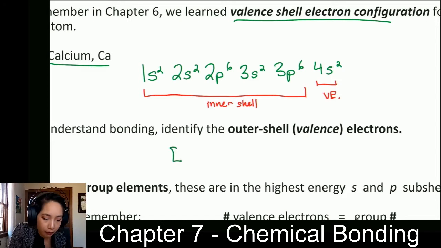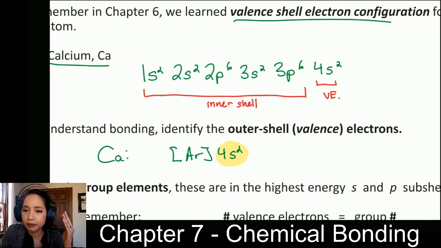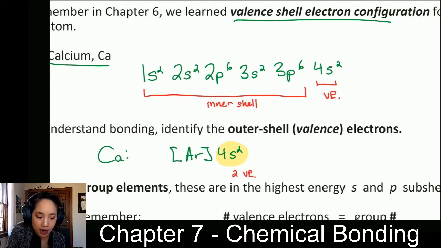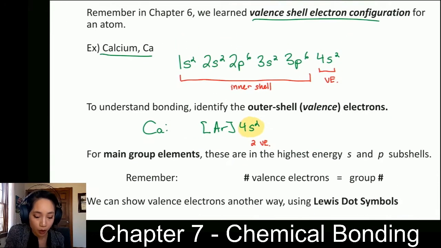If we did that for calcium, that would be argon 4s2. So now what we've really done is just identified the valence shell electrons. For here, there are 2 valence shell electrons in calcium's 4s2 orbital.